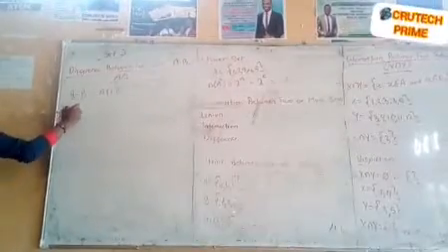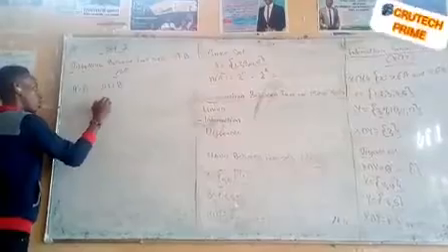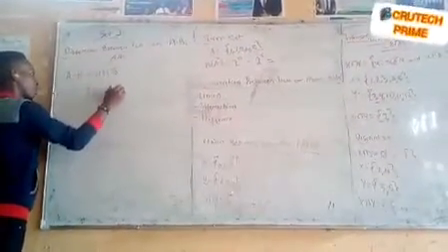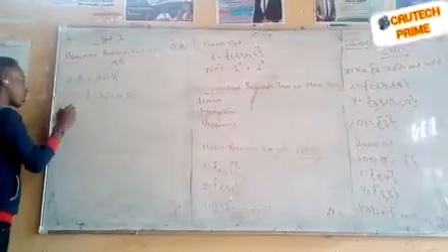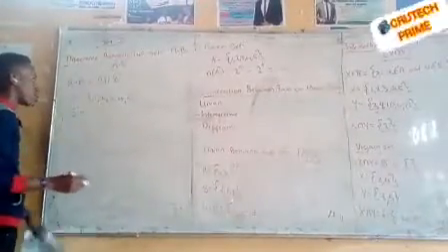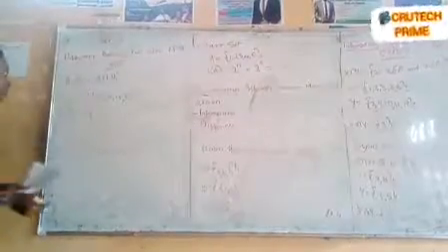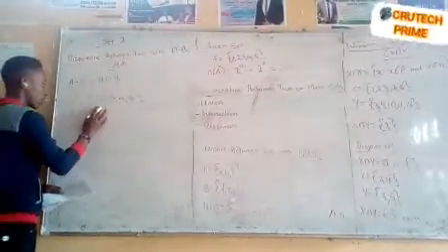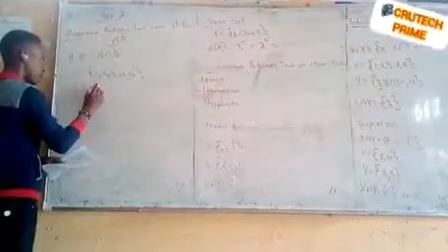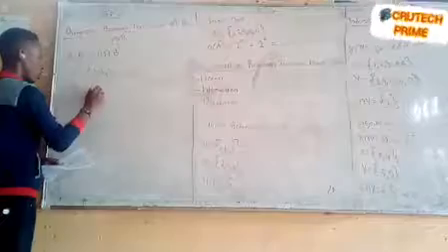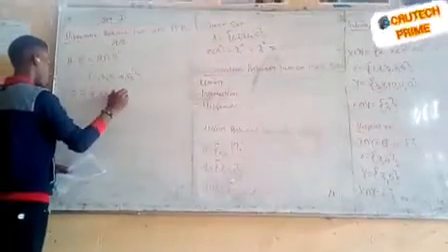Set A, let's give it the elements 1, 2, 3, 4, 5. Let's say B is equal to 1, 3, 5, 9.